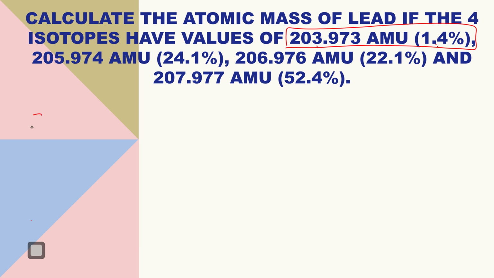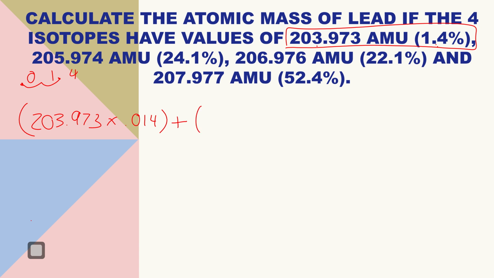So I would put in this 203.973 times 0.014. Okay, I'm not going to do this too often because, guys, we really should have no issue with moving the decimal over 2 times. So there's that, plus, I go to the next one now.